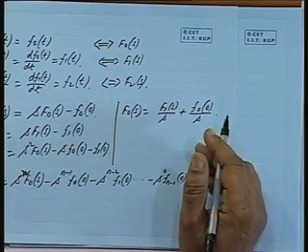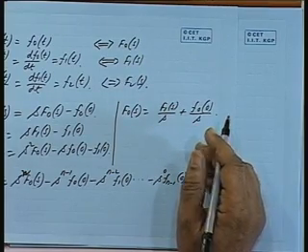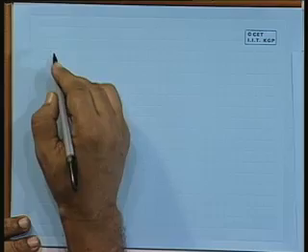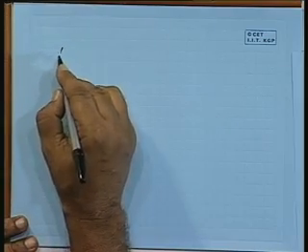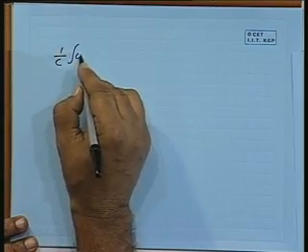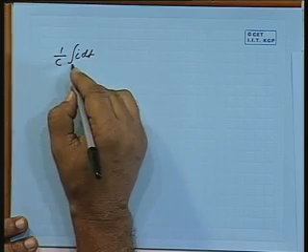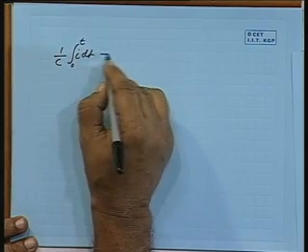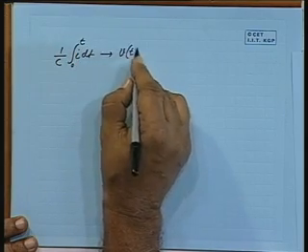What does it mean? It is like this. If you have a current expression, for example, in a capacitor, 1 by C integral of i dt from 0 to t is the voltage at any instant.